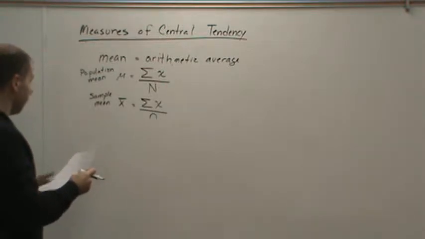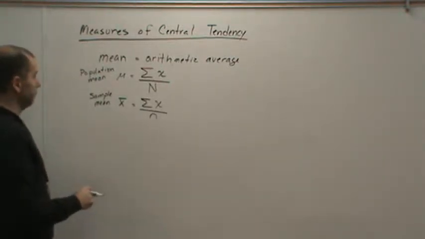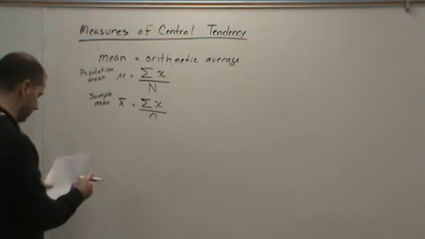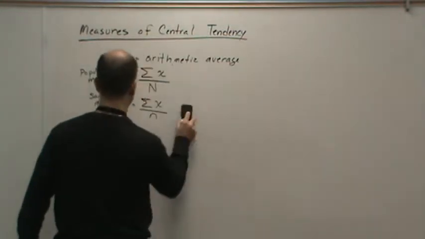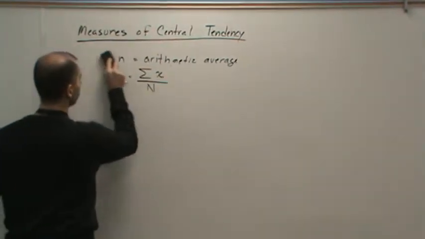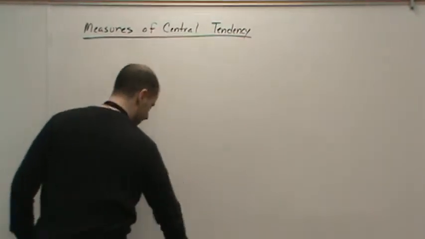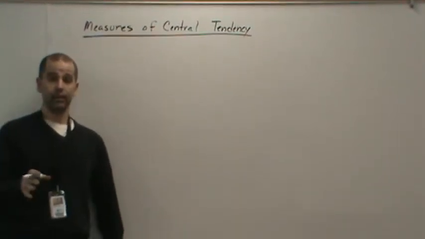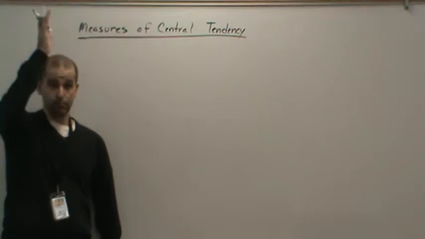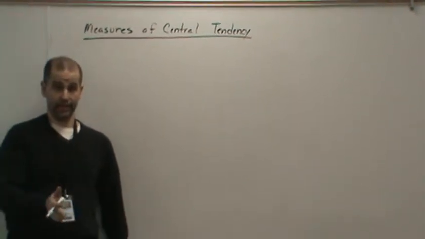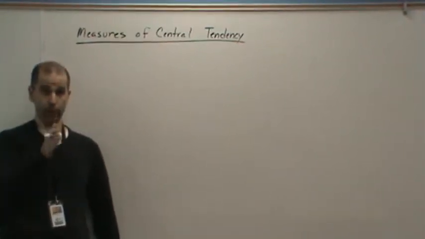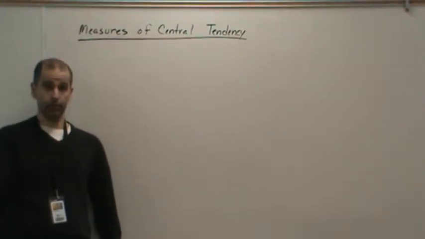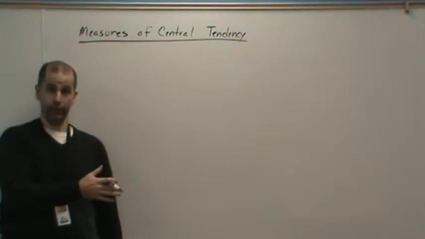Now, let's talk about the median. How do we calculate the median? The median is another measurement of center. The median finds the exact middle point of the data set, where 50% of the data falls below that number and 50% falls above that number.